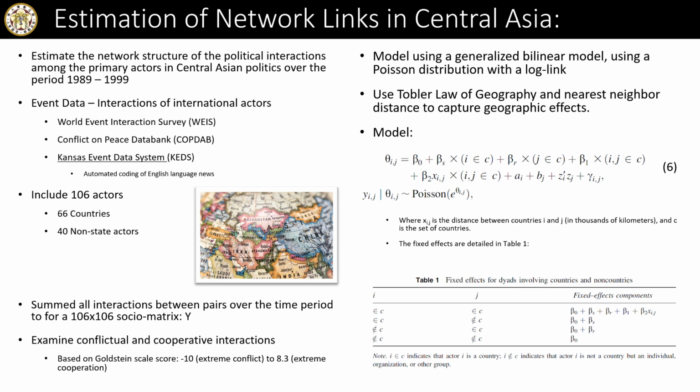They examine conflictual and cooperative interactions separately, so those are separate analyses, one of conflict and one of cooperation. They measure the scope of conflict and cooperation based on the Goldstein scale score, which assigns a -10 to extreme conflict and up to an 8.3 for extreme cooperation.